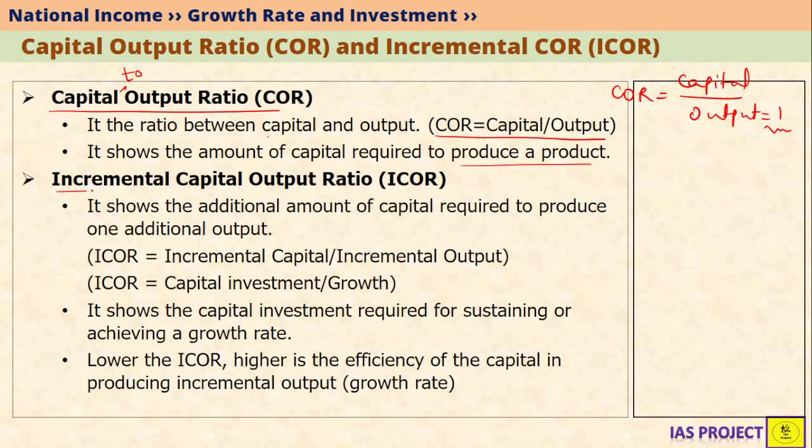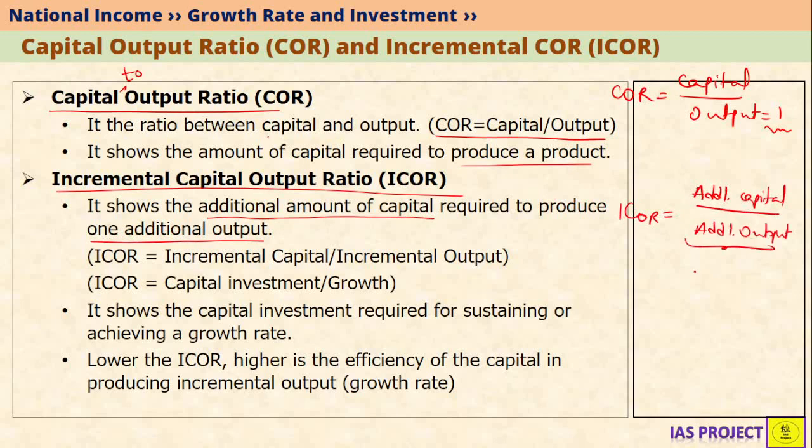Then what is incremental COR? Incremental COR is nothing but the additional amount of capital that is required to produce one additional output. So we can write ICOR as additional capital divided by additional output. Additional output is nothing but growth or income growth or national income growth.